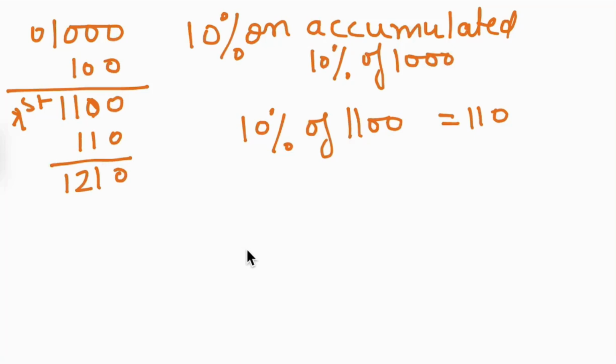If I create a formula for this, till now you know the formula is y equals a b to the power x. But let's break it down a little so that we can understand the value of b better.